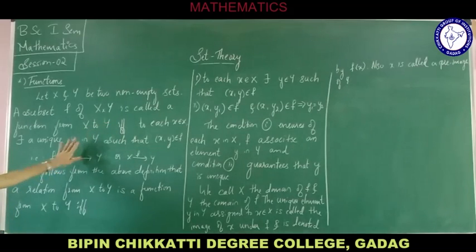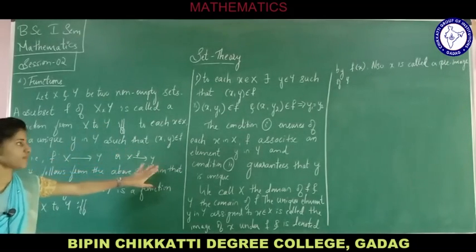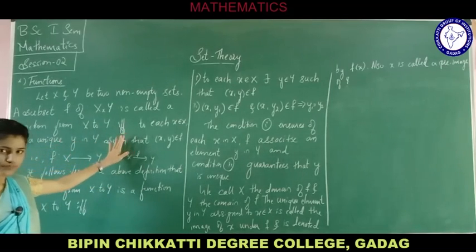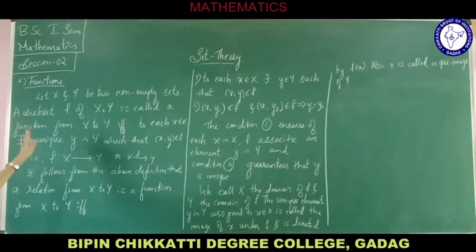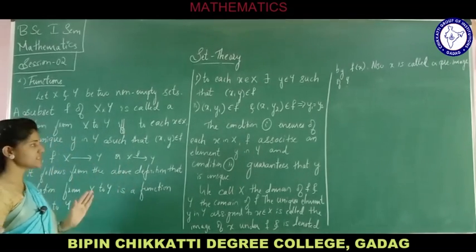How are we going to write it? F is a function from X to Y. And to call F a function from X to Y, it has a condition. What is the condition?